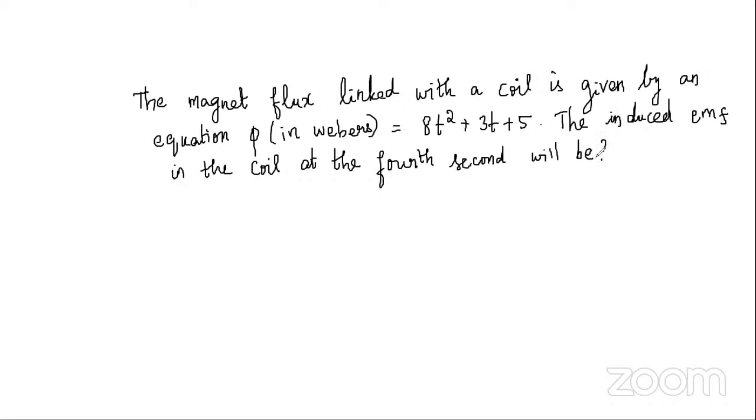This is my question, and I am not giving you the options. The magnetic flux linked with the coil I have given you. Now you have to find the induced EMF in the coil at the 4th second. Please calculate and then tell me your answer.